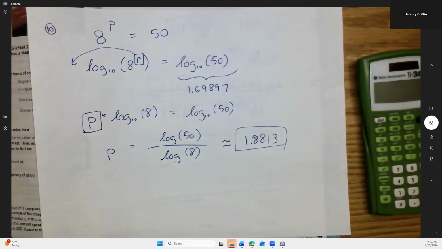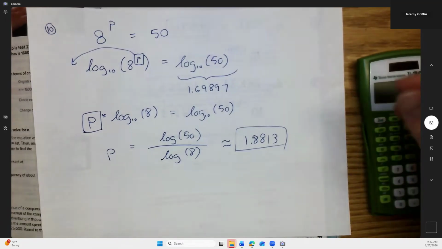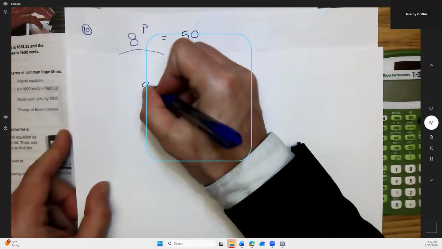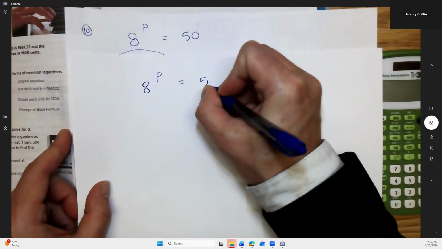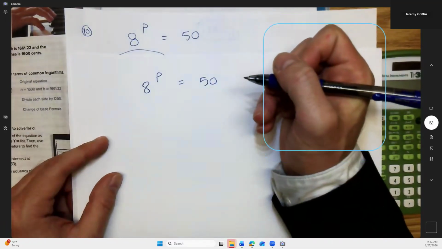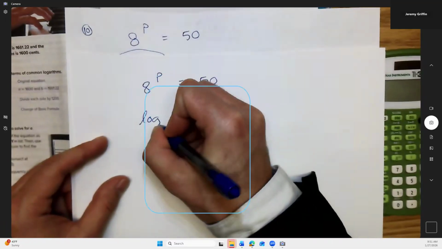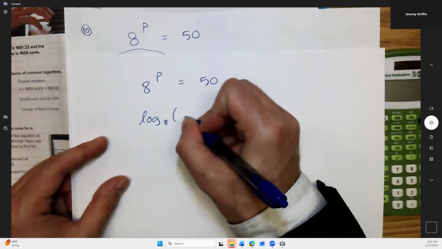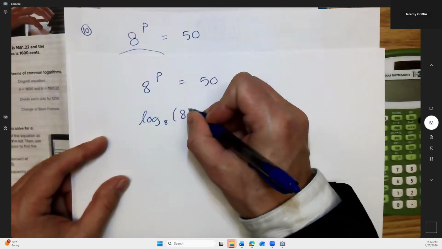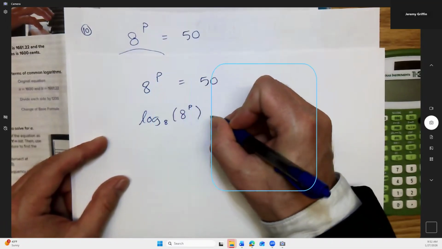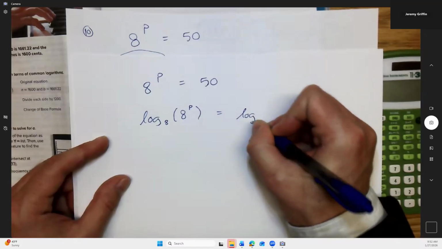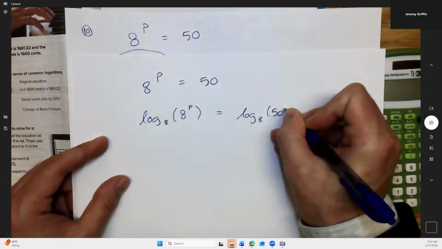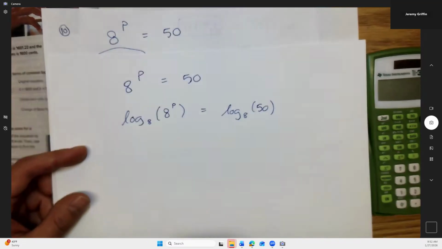Let me show you guys something else. A different way to solve that. 8 to the p equals 50. Okay. Because what if you did log base 8? Could I do that? Could I do log base 8 of 8 to the p is equal to log base 8 of 50? Right. Now, the calculator doesn't know base 8, so why am I going down this path?